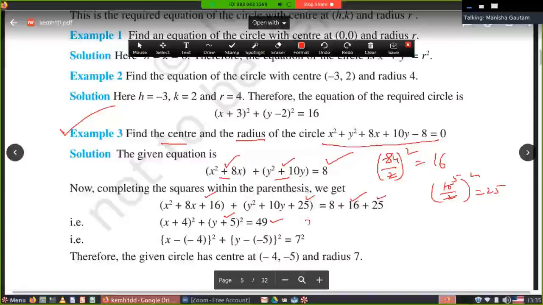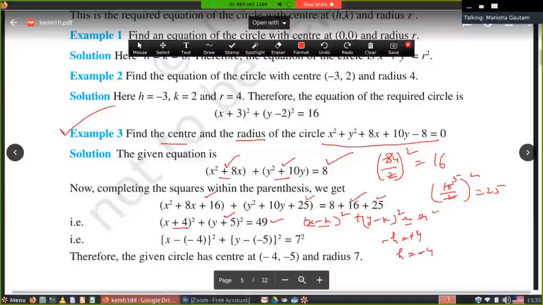Now you can compare. Here is the formula (x - h) whole square plus (y - k) whole square is equal to r square. So this is the formula of the equation of a circle. Minus h is equal to plus 4, which means h will be equal to minus 4.